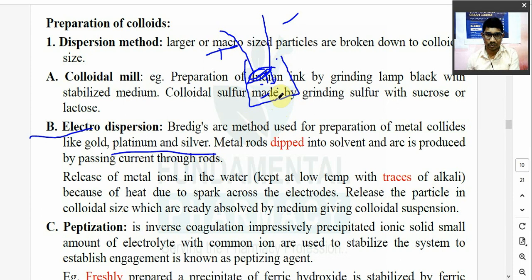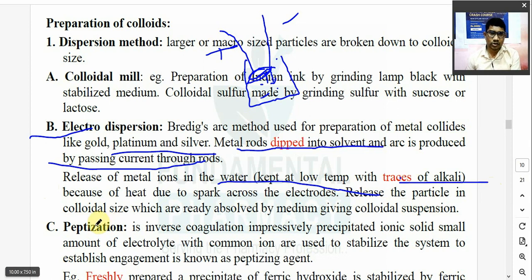Metal rods are dipped into a solvent. An arc is produced by passing a current through the rods, releasing metal ions in the water. The water is kept at a low temperature, with a trace of alkali, a little KOH hydroxide, added.